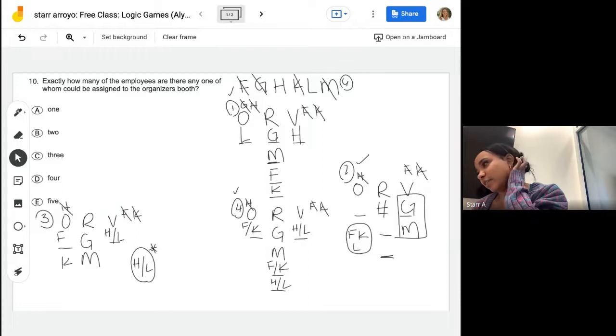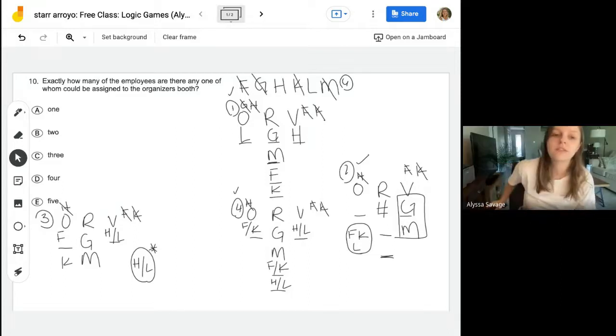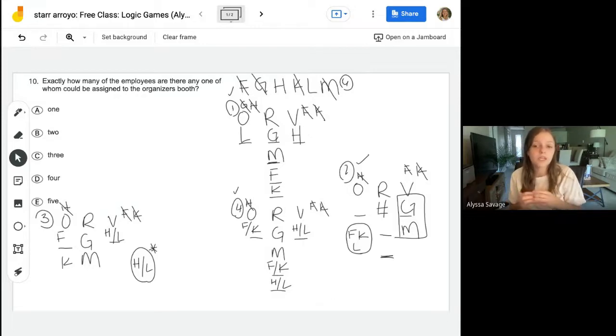Okay, any one of whom could be assigned to the organizer's booth. So it's meaning that the number of employees, if I say that 4 employees can be selected, any of them can go into O. It's kind of a weird way of wording it again.